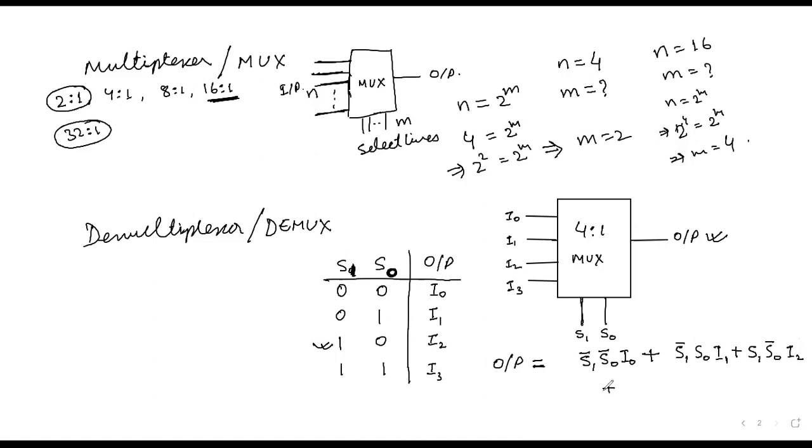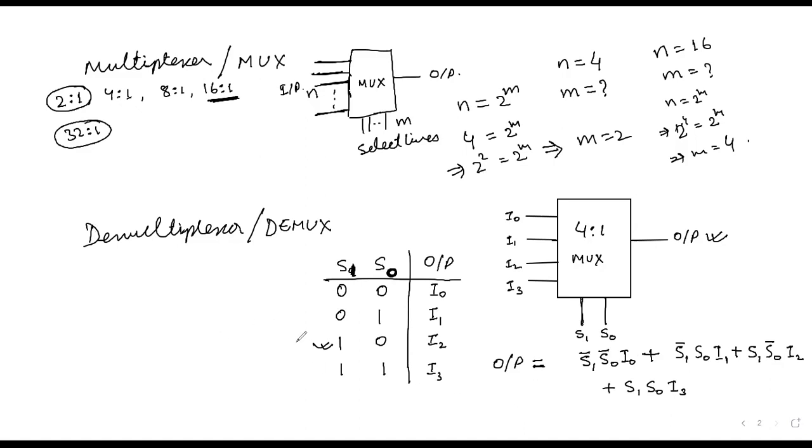And plus the last combination is S1, S0, I3. Okay, so we have these particular combinations. Based upon that, we can get the circuit.